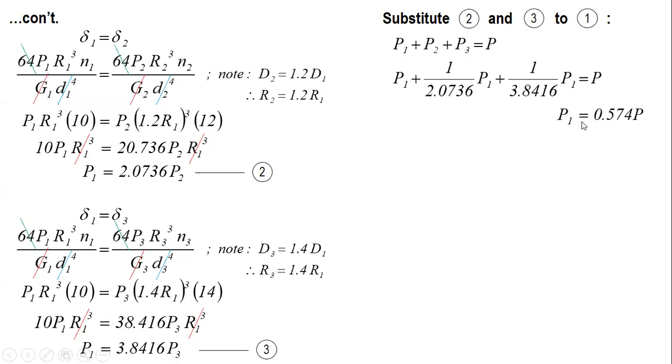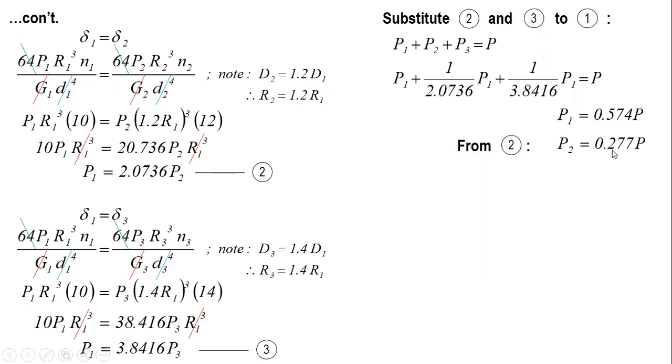Okay, next, we will substitute this one, P1, into equation 2. And we can get P2 in terms of P. So from 2, okay. So 0.574 P, P1. 0.574 P divided by this one, we have P2.